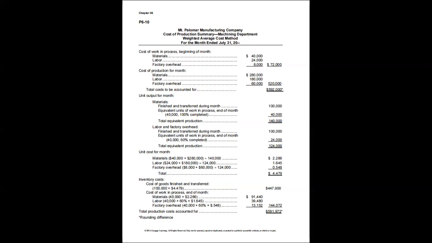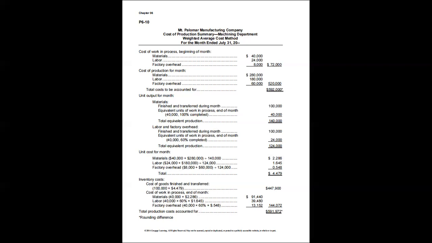So the unit cost for the month is taken by adding materials divided by EP, labor cost divided by EP, and the same with factory overhead. So we have the cost per unit of 4.479.